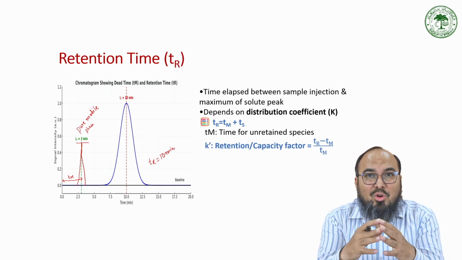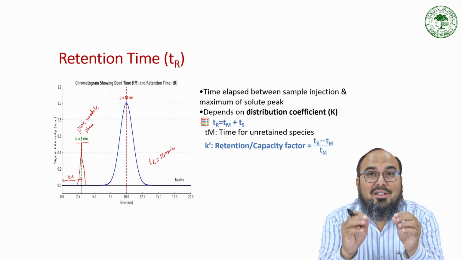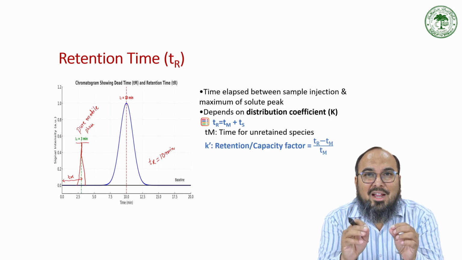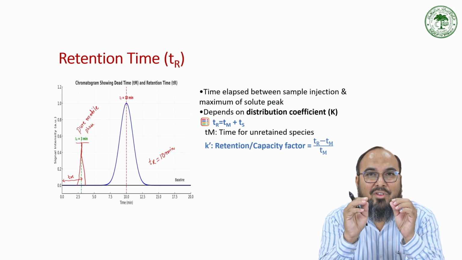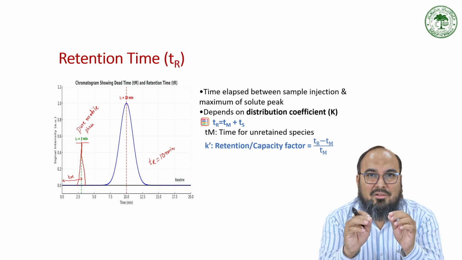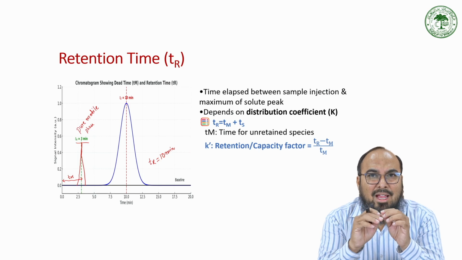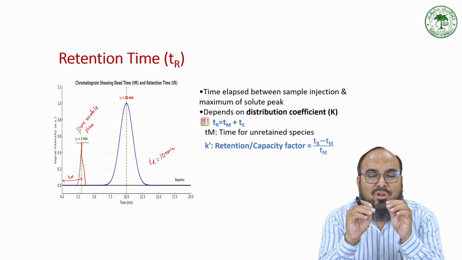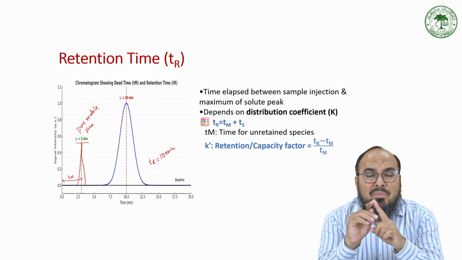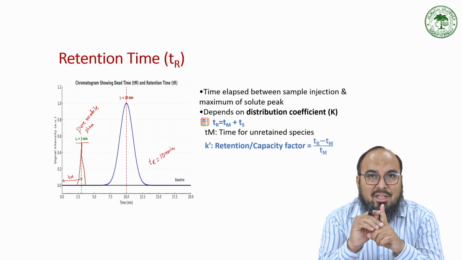Because this shows that your mobile phase is having no interaction with the stationary phase, and that must always be there. Okay, that your mobile phase has zero interaction or no interaction with the immiscible stationary phase.